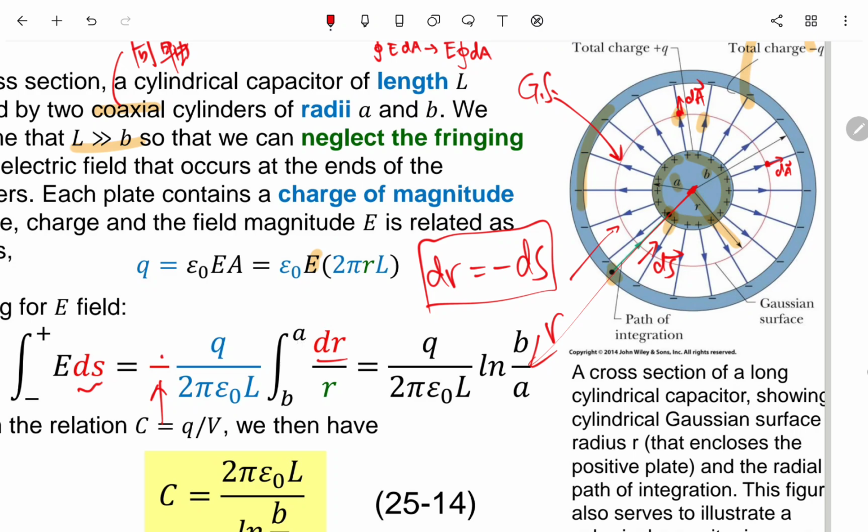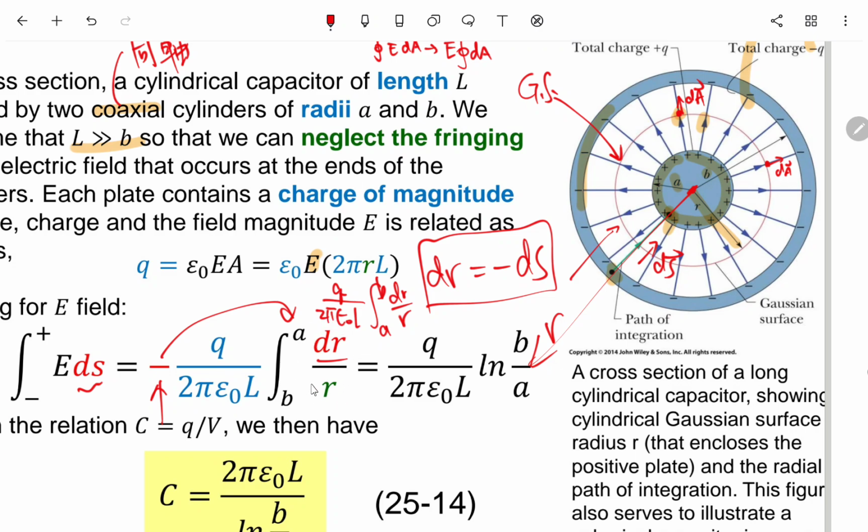Okay, so if we put this negative sign inside the integral, then we will swap the lower and upper bound for this definite integral. So it turns out to be Q over 2 pi epsilon naught L, integration of dr over r from A to B. So this negative sign will just swap this A and B.